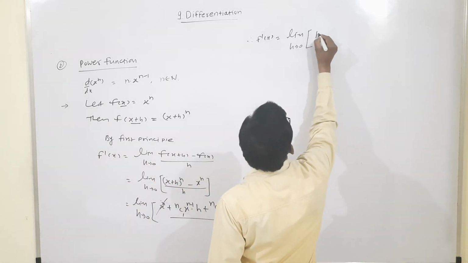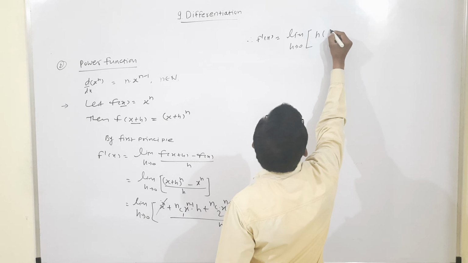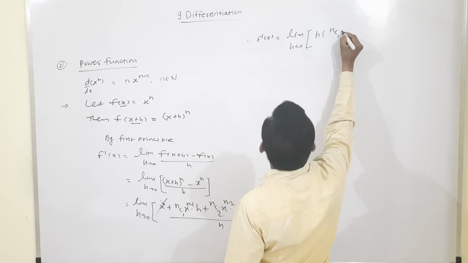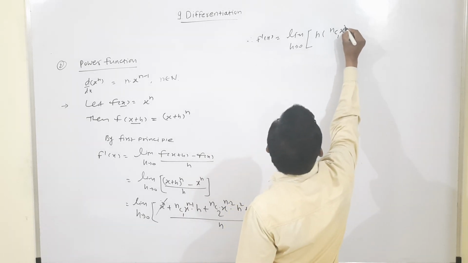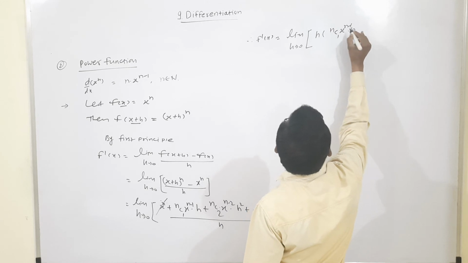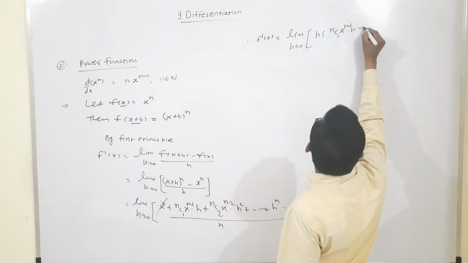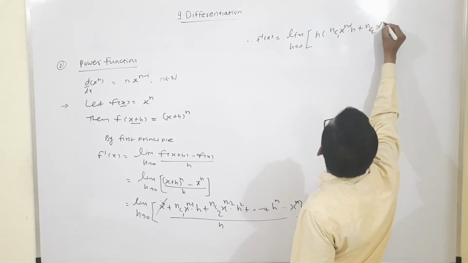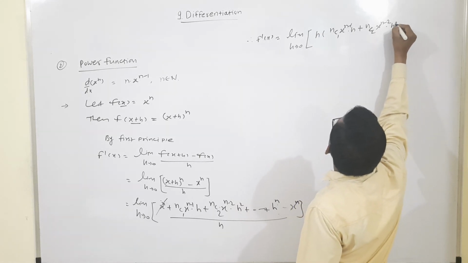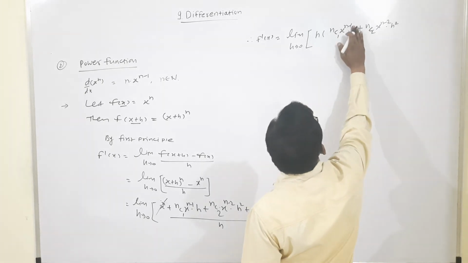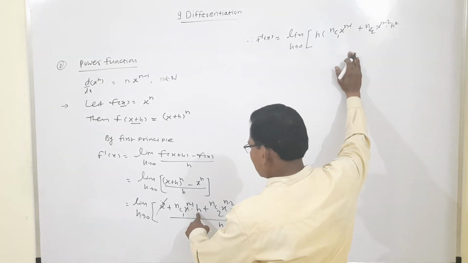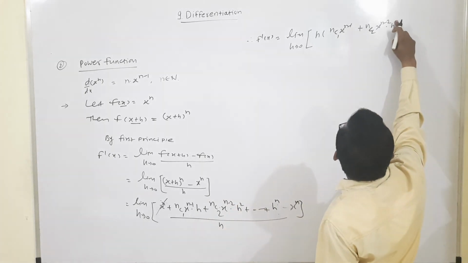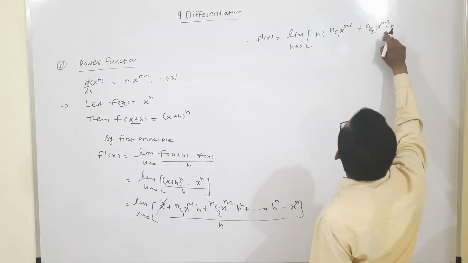So h into, the first term is n combination of 1 into x raised to n minus 1, then the second term is n combination of 2 x raised to n minus 2 into h, because we take h common from h square.